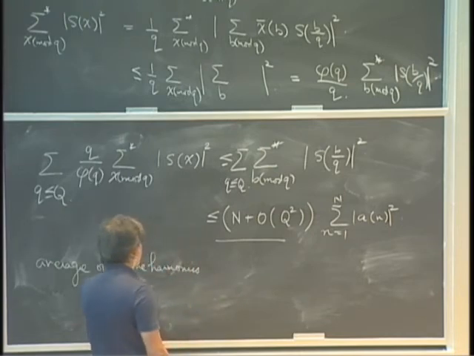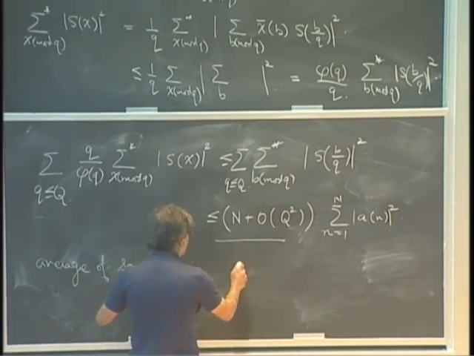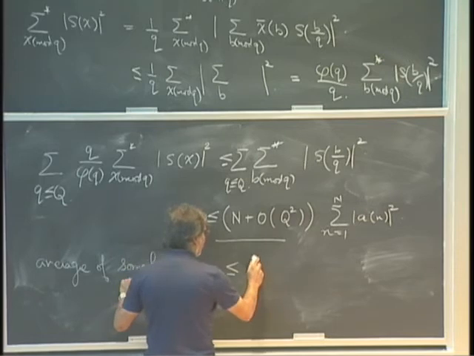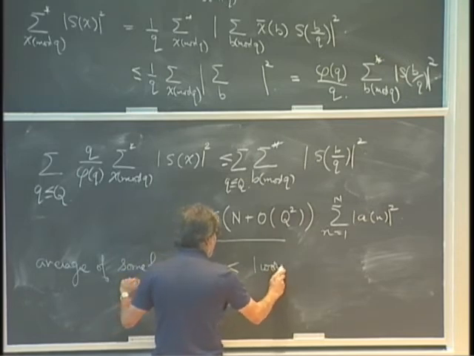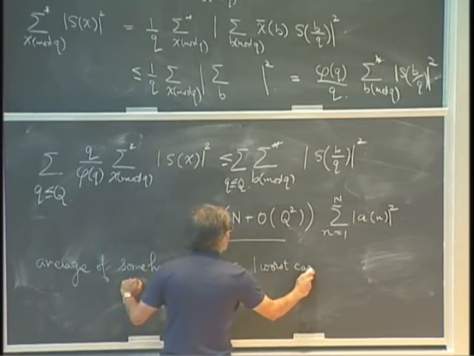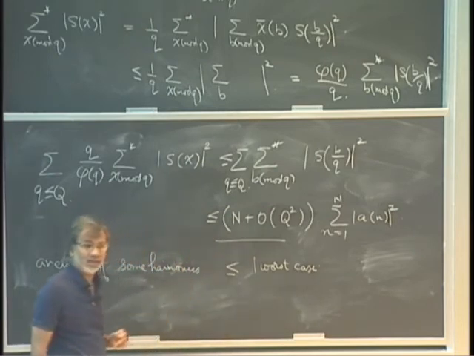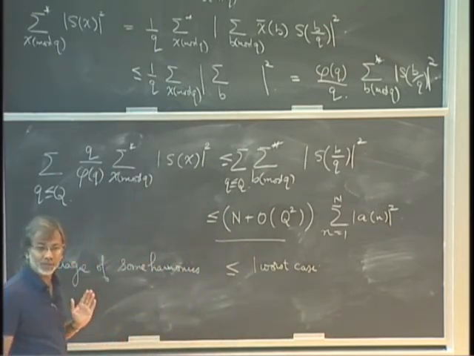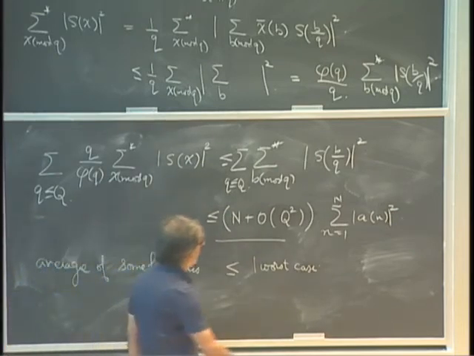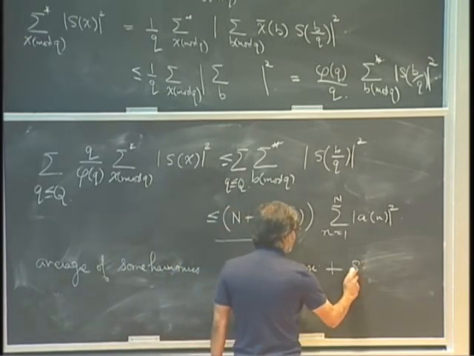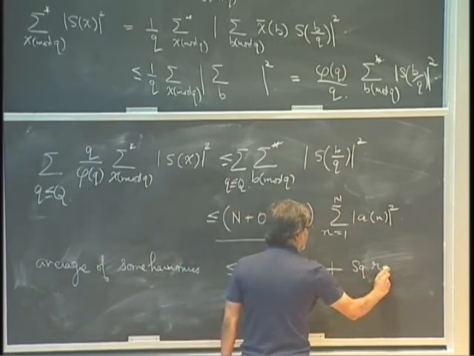And then the large sieve is some kind of bound which says that this is bounded by one worst case, where you can do nothing. One guy can be bad, and you cannot prevent one guy from being bad, plus square root cancellation on the rest.